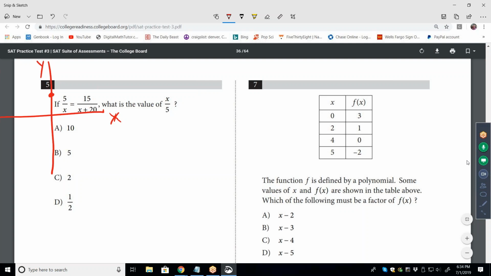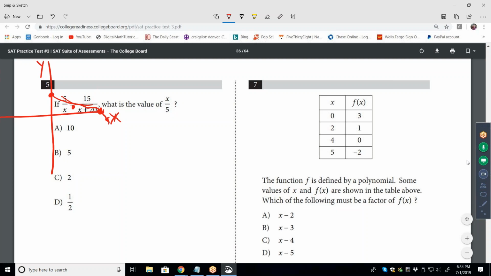What's the next point I can put on there? What's the next point I can put on there? And the final point. Okay. So that's what that graph looks like. Does that help us understand factors?